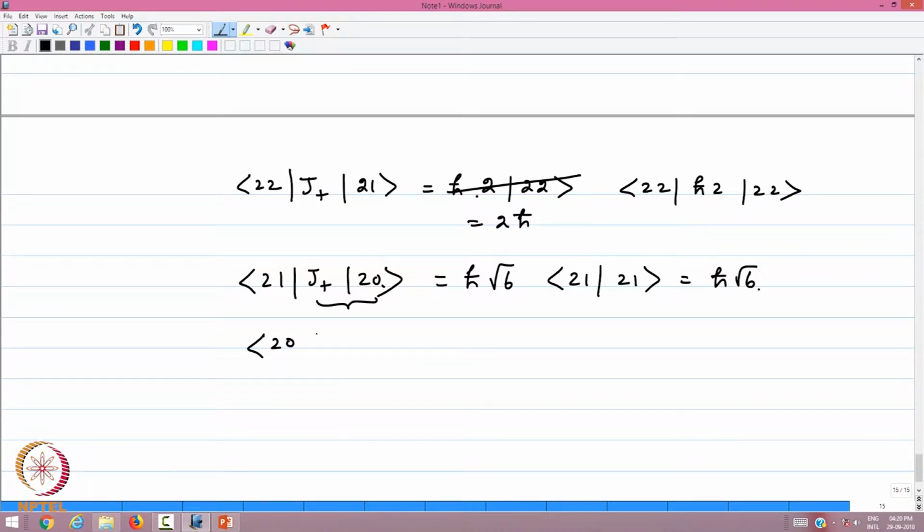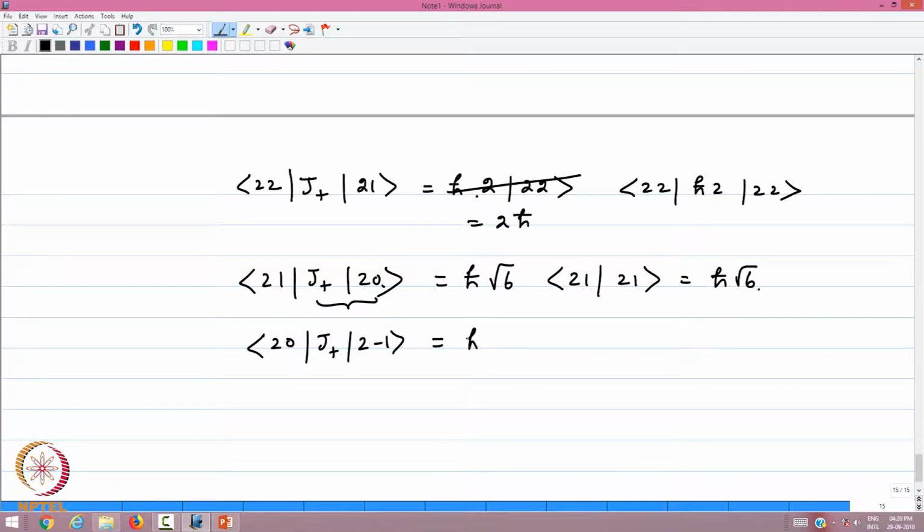<2,0|j plus|2,-1> will give you again the same thing, j minus m will be 3 and j plus m plus 1 will be 2.